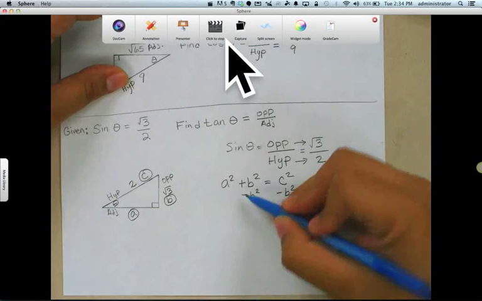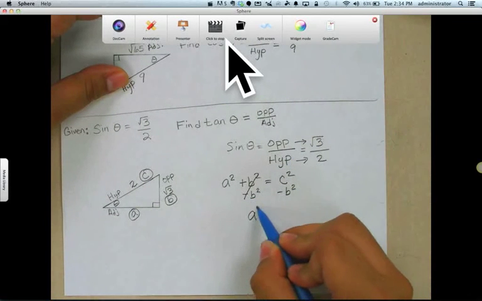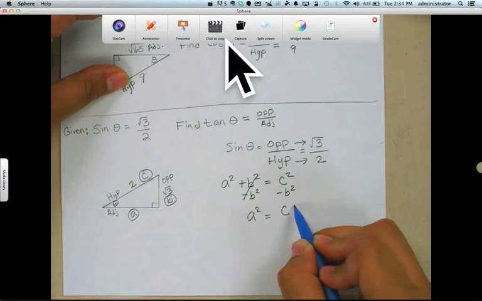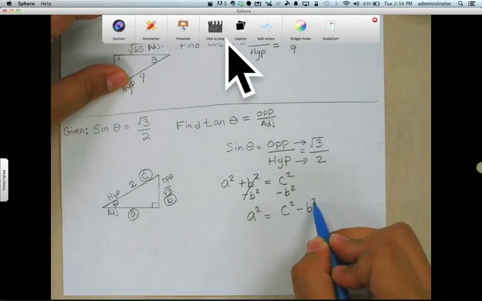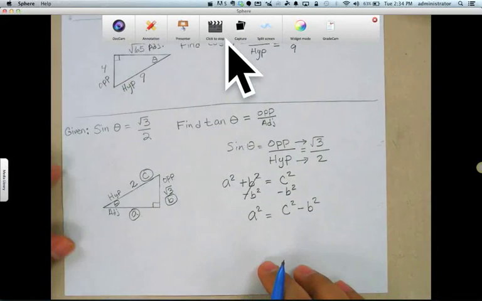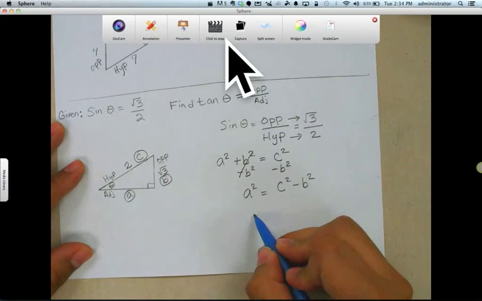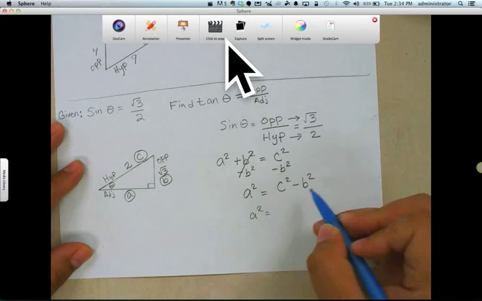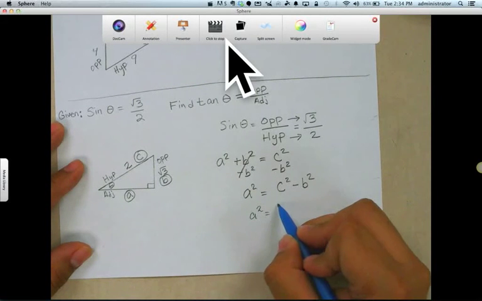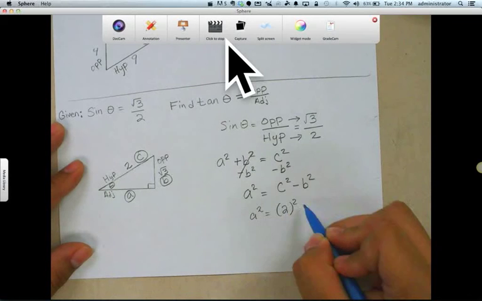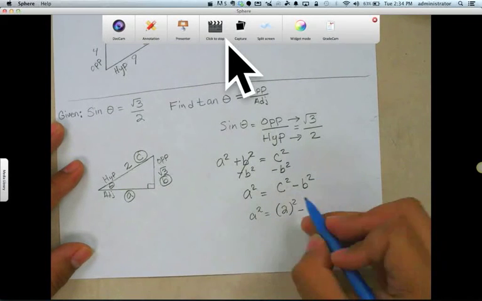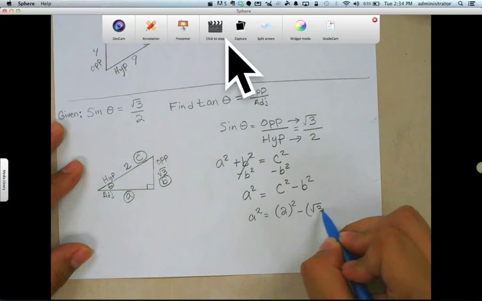Cross that out. a squared equals c squared minus b squared. Well, we know what c and b are. Here's c, here's b. So I'm going to plug that in. a squared equals c squared, which is 2 squared, minus b, which is the square root of 3 squared.